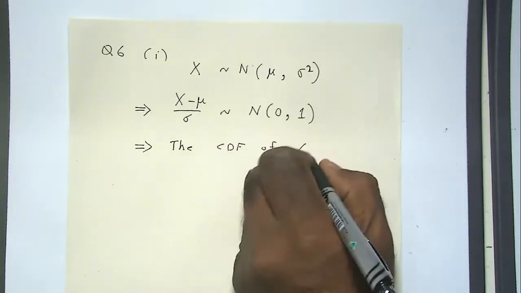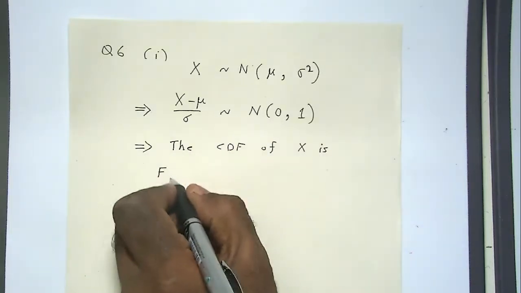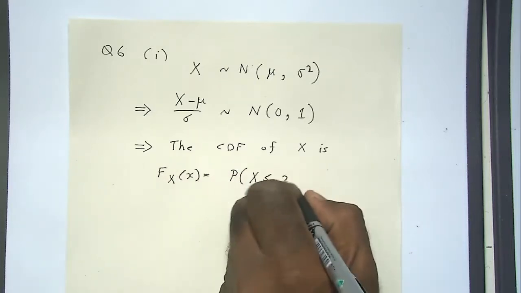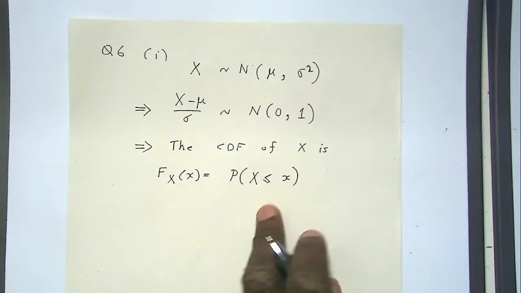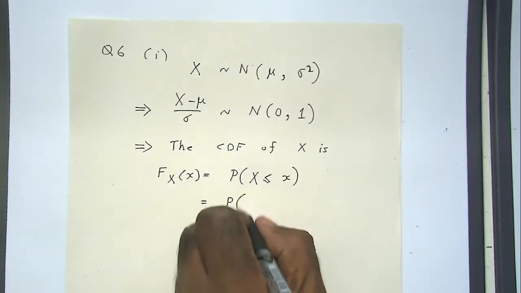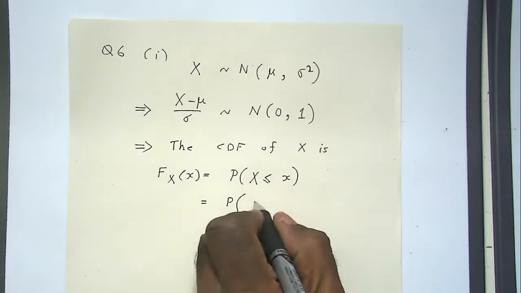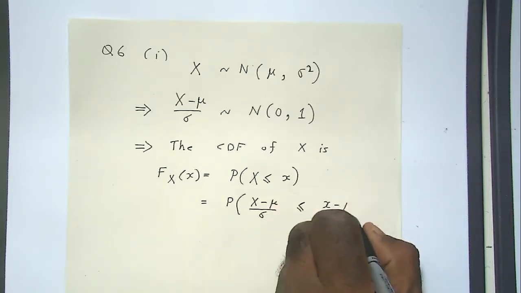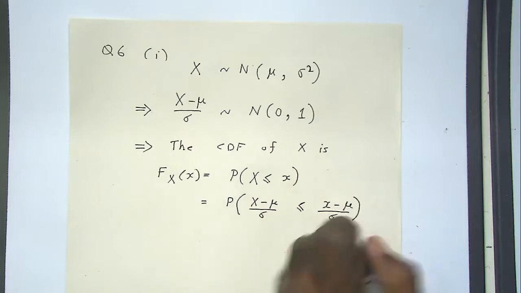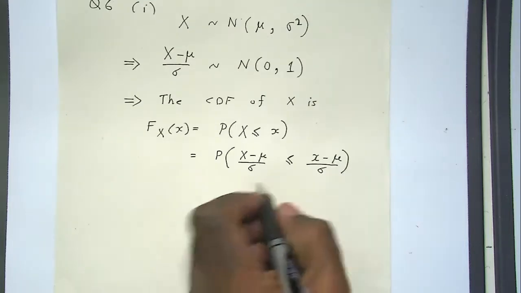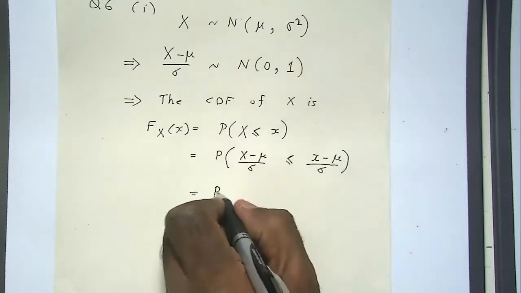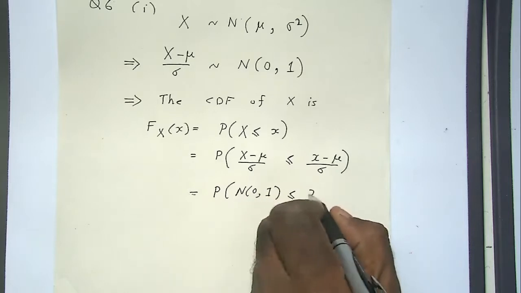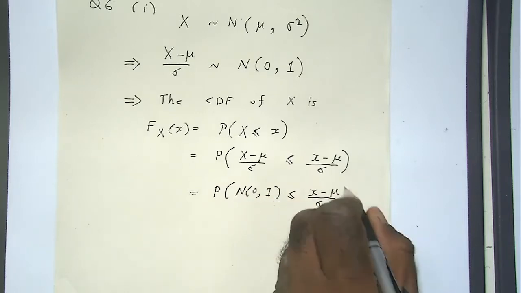the CDF of x, by definition, this is the CDF. Now I'm going to take on both sides, subtract mu and divide by sigma. Now this guy, because of this property, has the standard normal distribution N(0,1).